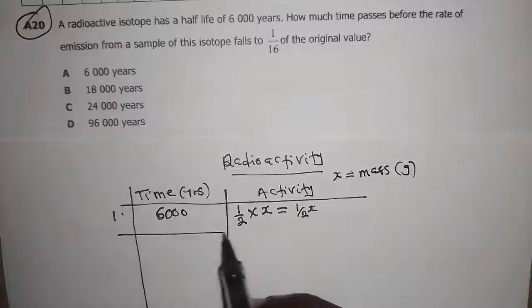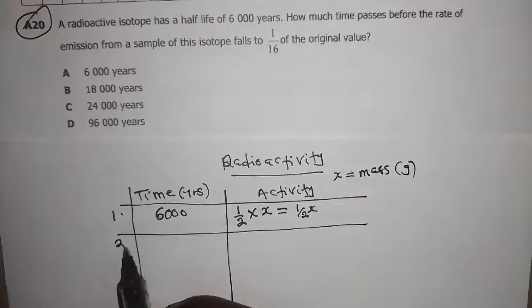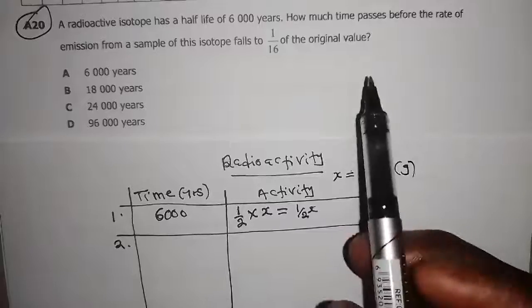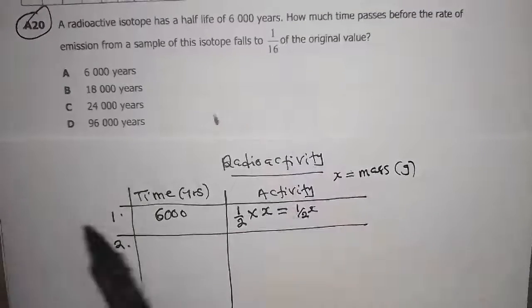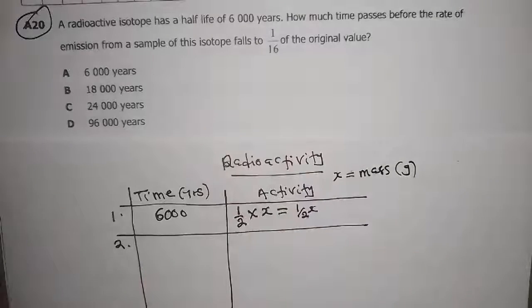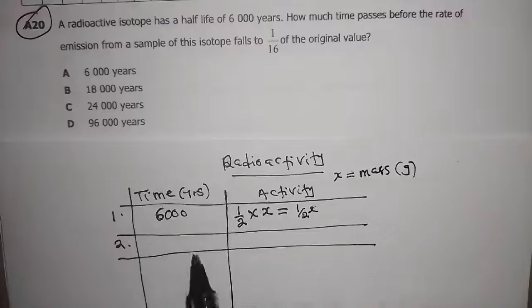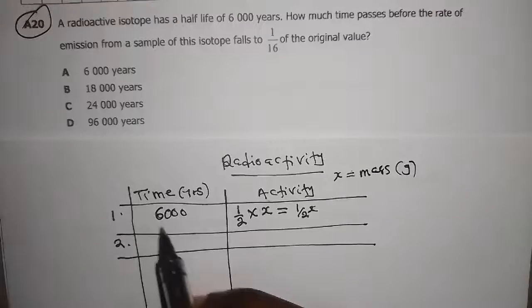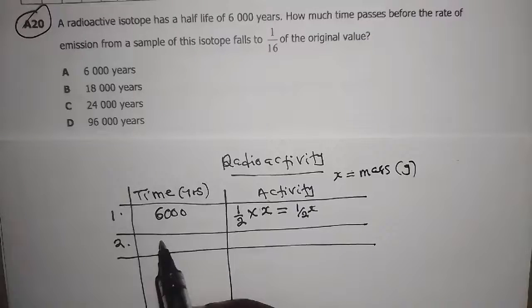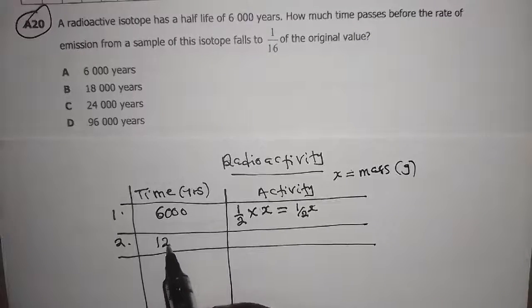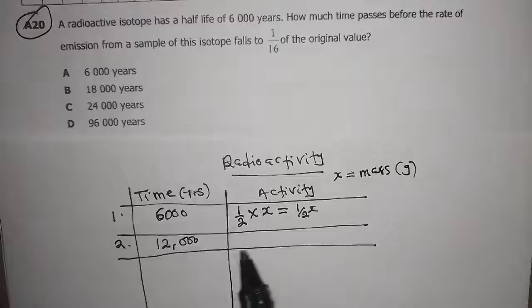And then for the second one, when you reach 1 over 16, we have to stop. The time will keep on increasing, so in the next row you double the time to 12,000.